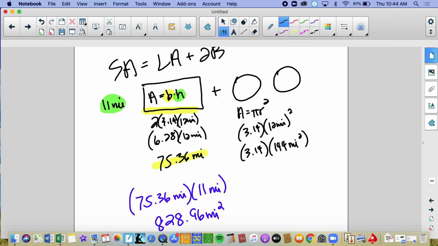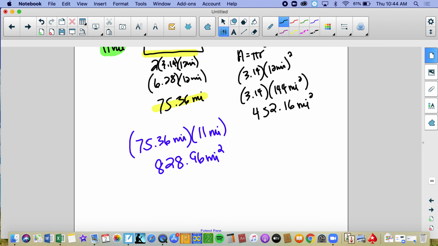And then we take 3.14 times 144, and that gives us a total of 452.16 miles squared. And that's only for one circle. So we also have to add another circle, which will have the same area.